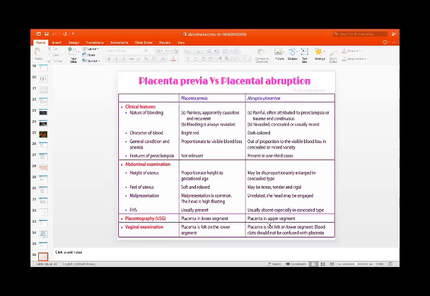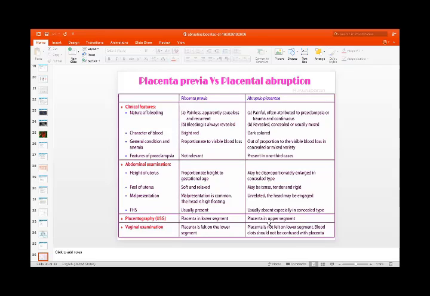In case of abruption, the uterus is usually enlarged for dates. The uterus is tense, tender and rigid. Malpresentation is unrelated. The head may be engaged, and fetal heart sounds are usually absent, especially in concealed abruption.